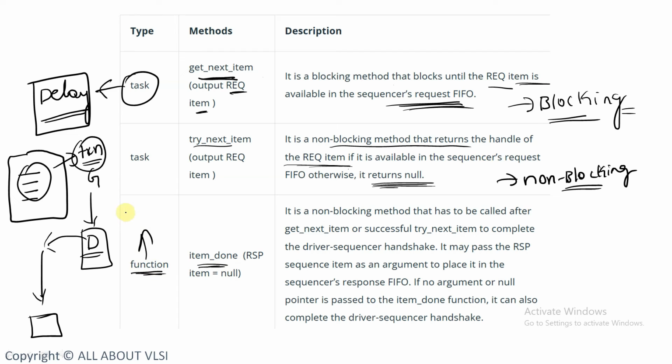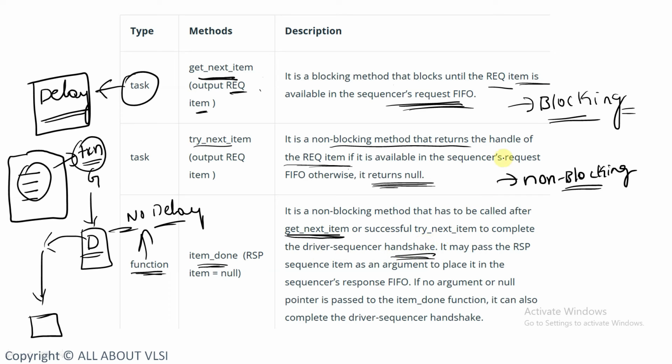Now coming to item_done, it is a function, which means it should not have any delay. It is a non-blocking method that has to be called after get_next_item, or after a successful try_next_item, to complete the driver sequencer handshake.